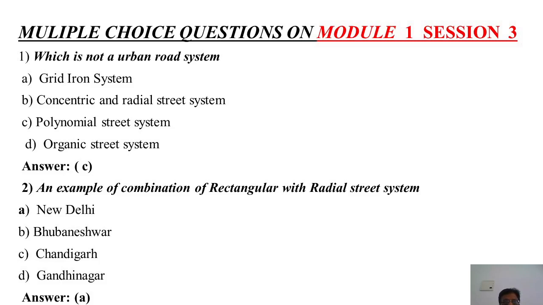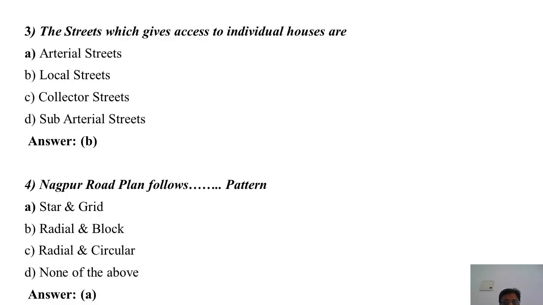If you see entire Delhi, it has been built in this fashion. The streets which give access to individual houses are arterial street, local street, collector street, subarterial street. The answer is local street. So the local street gives immediate access to your individual homes.